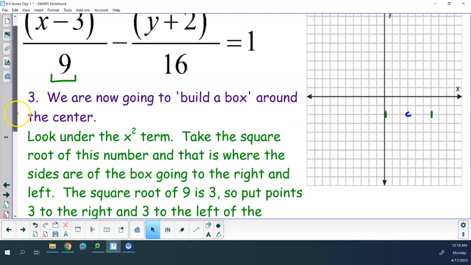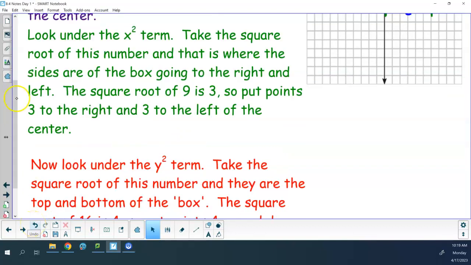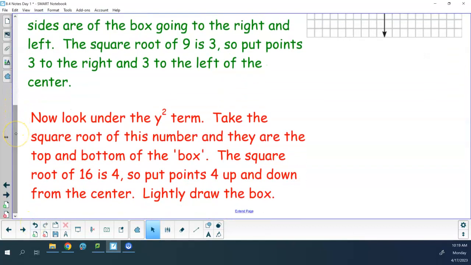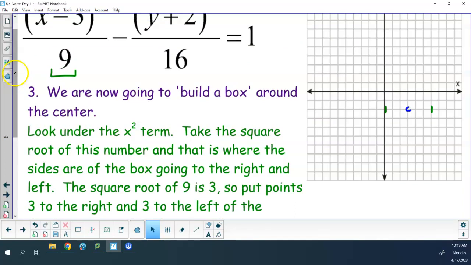I'm about to do that now in step number 4. I thought I had changed that and made those into their own individual steps. Okay? So then we look underneath the y squared term. What's the number underneath our y squared term? 16. So I take the square root of that one. Square root of 16 is 4. And that's how far up and down I go when I'm building the box.